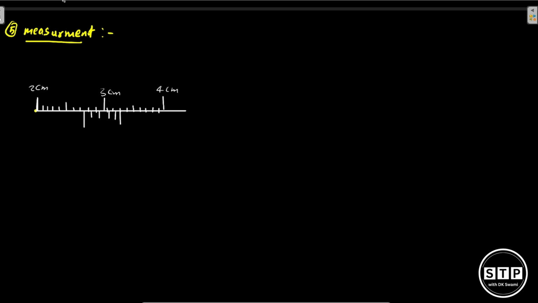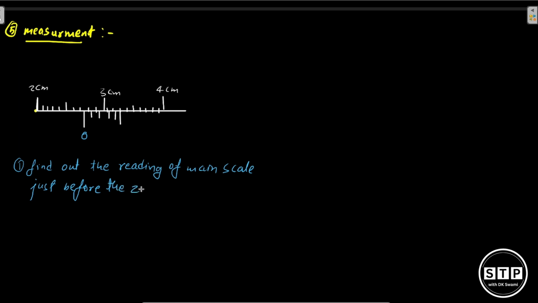So let's understand how we calculate the measurement in this case. First step is to find out the reading of the main scale which is just before the Vernier scale's 0. So this is the 0 of Vernier scale, so we need to find out the reading of main scale just before the 0 of Vernier scale.